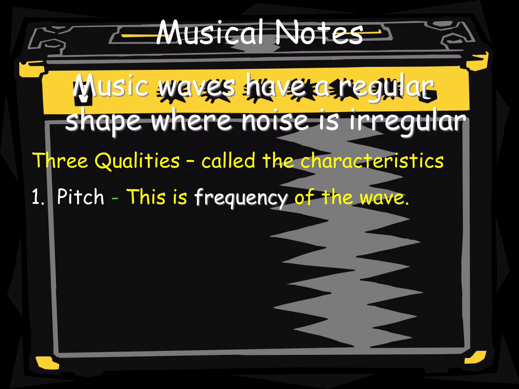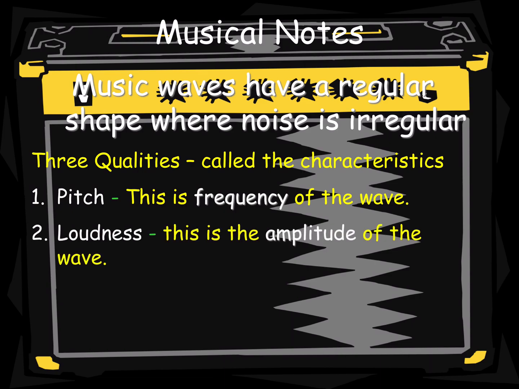The first one is pitch. This is the frequency of the wave. If someone says, what's the pitch of the instrument? I mean, what frequency does it vibrate at in hertz? Loudness. This is the amplitude of the wave, how big the wave is. What's the difference between the peak and the centre line? That's the amplitude. In music, we call it loudness.